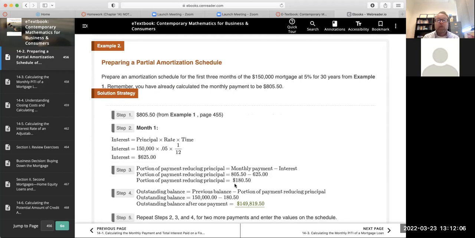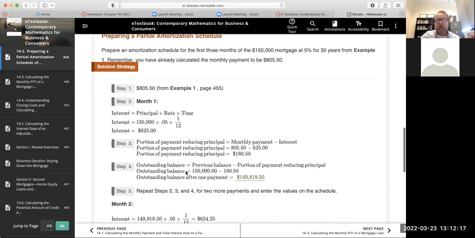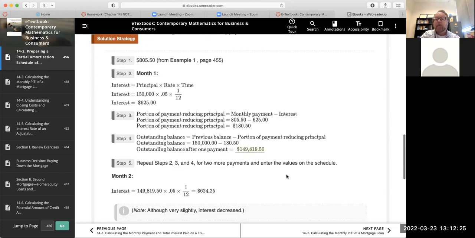That was their portion of this arrangement, and only $180 went towards my principal. But notice here, step 4, I deduct that $180.50 from the 150,000. So my new balance after my very first payment is $149,819.50. That is now my end of month number 1 balance.